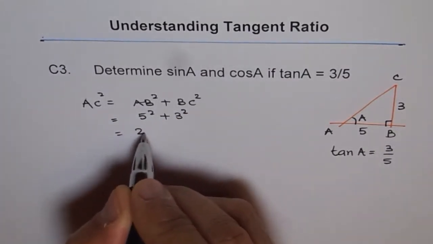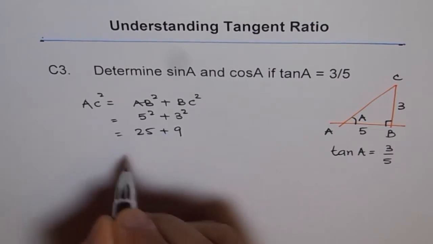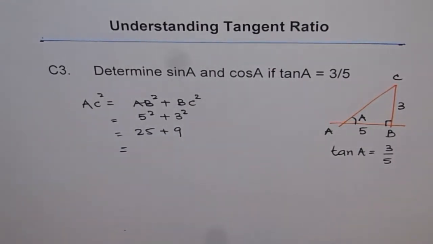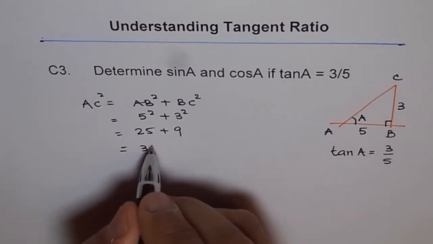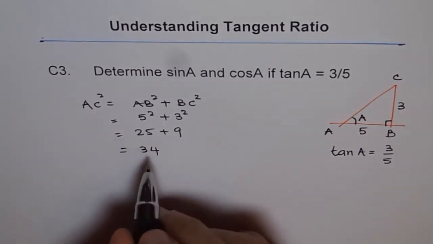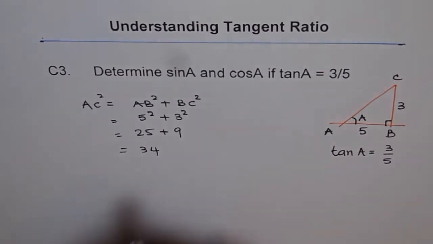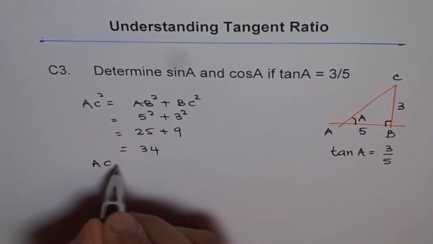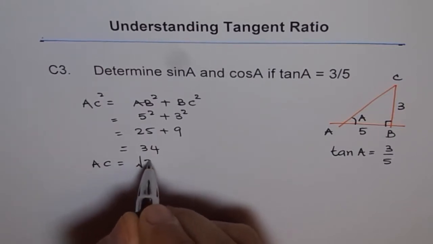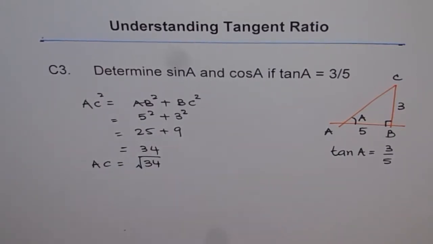That is 25 plus 9, and that gives us 34, right? So AC square is 34. We can say AC is equal to square root of 34. So that is the value of AC.